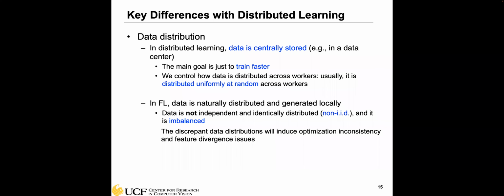Even if two cameras take the same picture of the same scene, there's going to be differences because of that. Yes, right. And also it is imbalanced, because at a hospital there won't be many cases of a particular disease, whereas in another place it might be more cases.